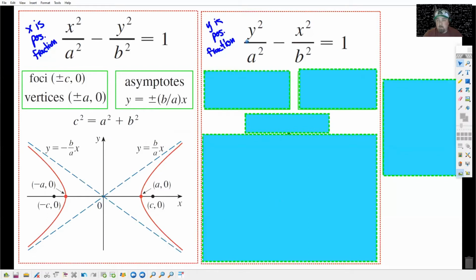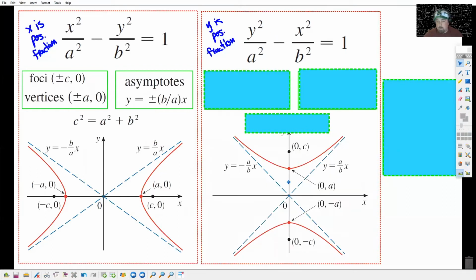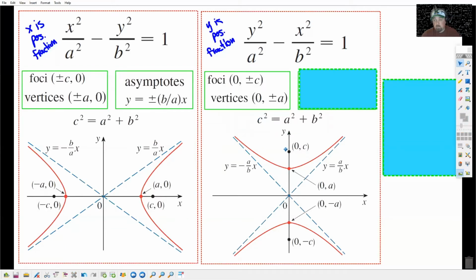Now, the second one, where the y fraction is positive, is going to look really similar to this, except it's going to open up and down. This graph opens up on the y-axis, okay? That's important because our foci and our vertices all have y values associated with them, with this a and c. C is still found the same way.